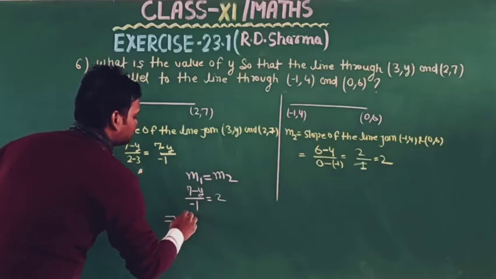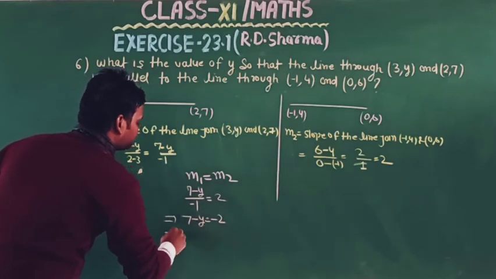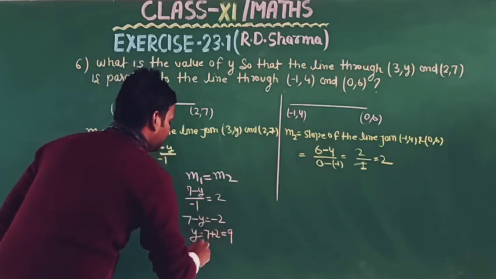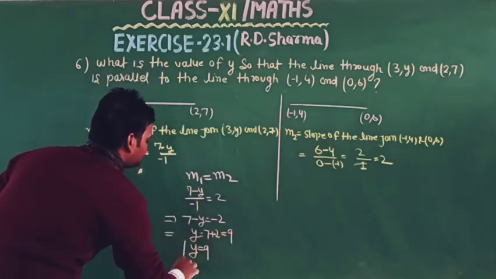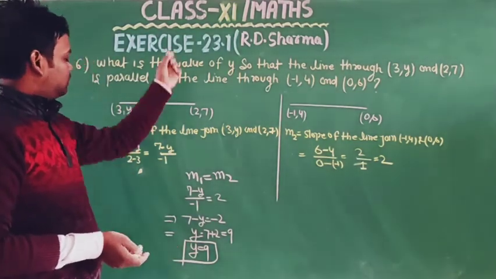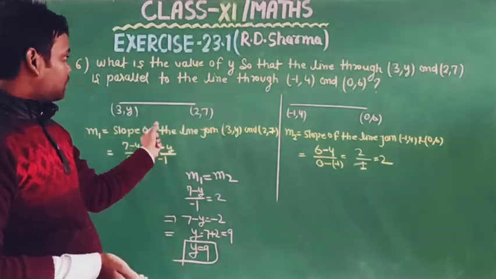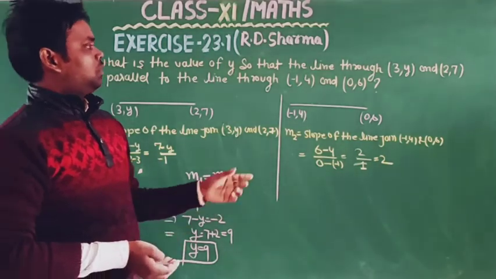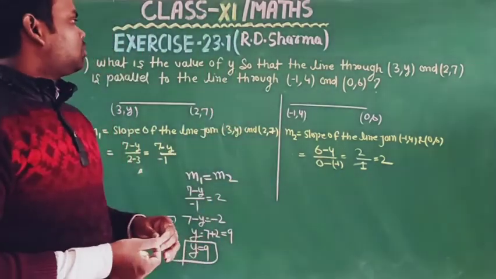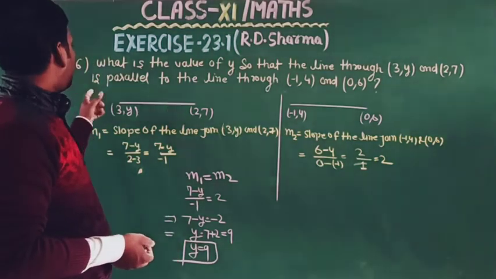This implies 7 minus y equals -2, and y equals 7 plus 2, which is 9. So y equals 9. Dear children, the value of y is 9 when the line joining (3, y) and (2, 7) is parallel to the line joining (-1, 4) and (0, 6). This is the required answer of question number 6.